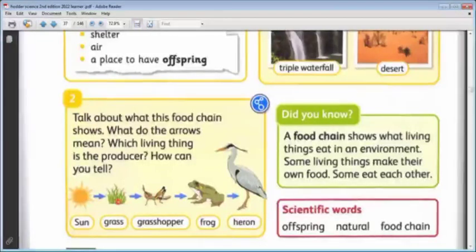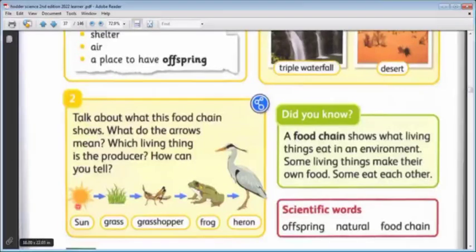We call them producers because they can produce their own food. Plants are the only living things that can make their own food using sunlight.